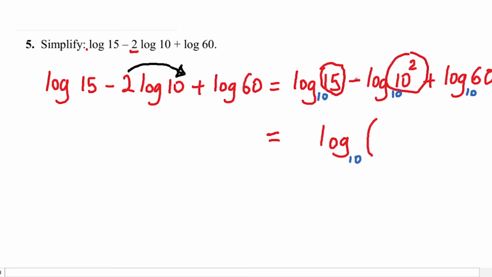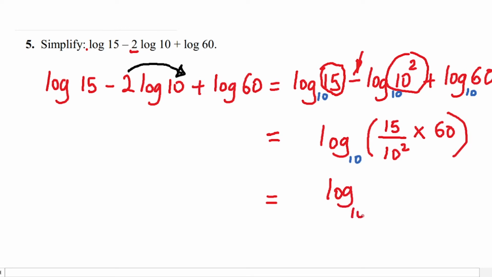Since there is minus there, this is going to be 15 divided by 10 squared. And since this is plus, we multiply that by 60. So of course this is going to become log base 10 of 15 times 60 divided by 100.